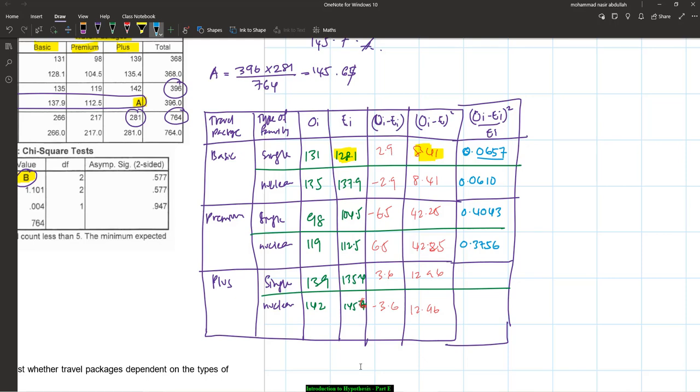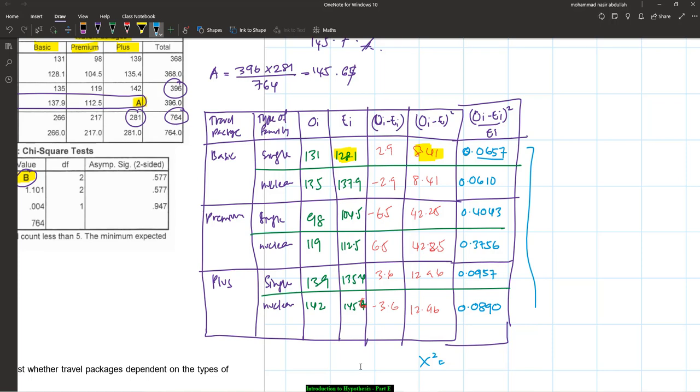It should be 0.0957. The last one, 12.96 divided by 145.6. So this one should be 0.0890. So the total here, you need to total up all this one.